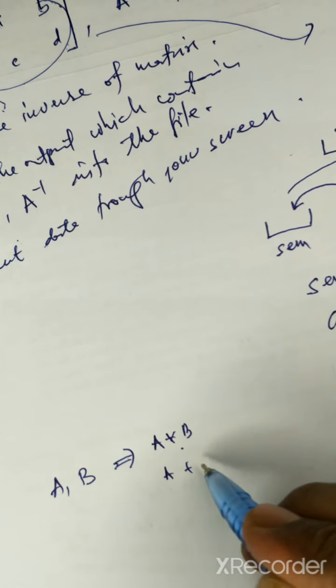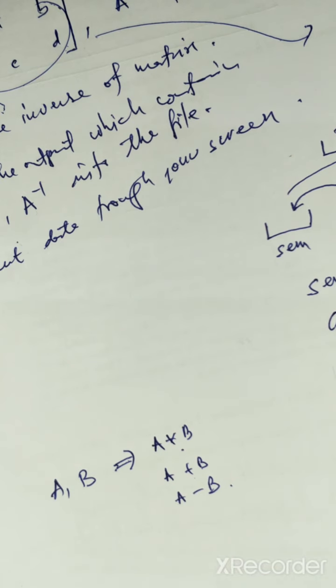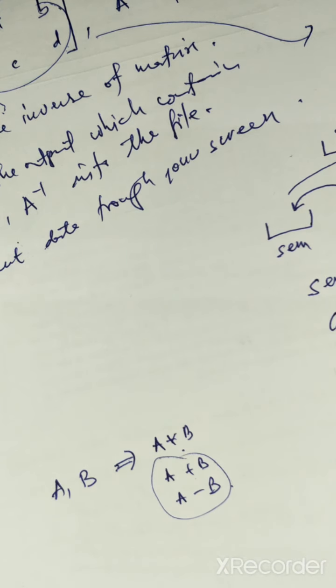Try A plus B, A minus B. Try those things. This should be much easier, because for A plus B we just need to sum up the similar items, so it should be no problem.